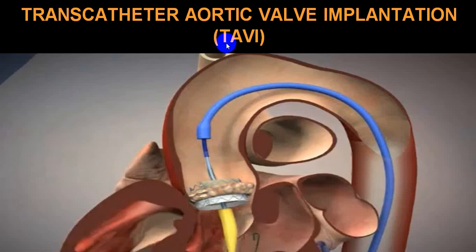That's why it is called TAVI, transcatheter aortic valve implantation. And when you replace the aortic valve, it is called transcatheter aortic valve replacement, TAVR.